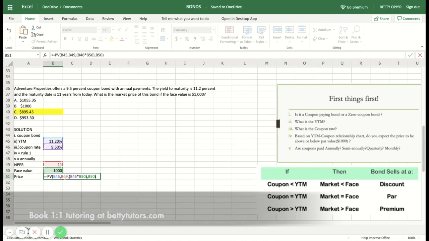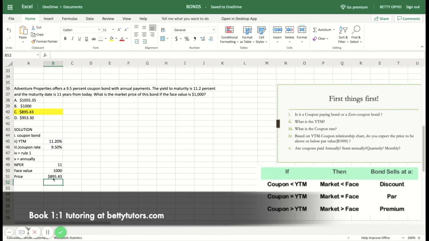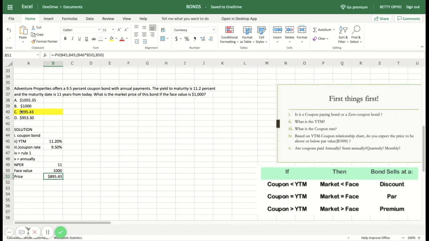We do have N, which is 11. We have the PMT, which is the coupon rate times the face value, and then we have face value. And there we go. We have our answer, which is 895.43, which is the same as what I highlighted here. This is what we should be getting. Okay. Yeah. So I hope that makes sense, and I'm excited to teach you the next concept.